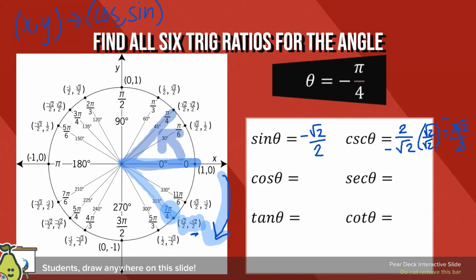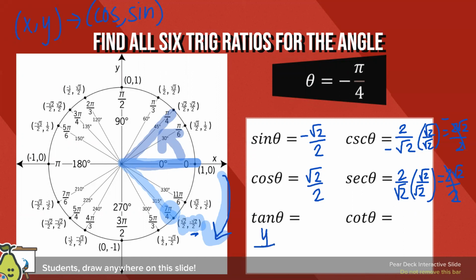Cosine now is the x value. It's square root of 2 over 2. So secant is 1 over cosine, or the reciprocal. We're going to have 2 divided by the square root of 2. We will need to rationalize, leaving us with 2 square root of 2 divided by 2. Those 2's are going to cancel out, leaving just square root of 2. Lastly, tangent.